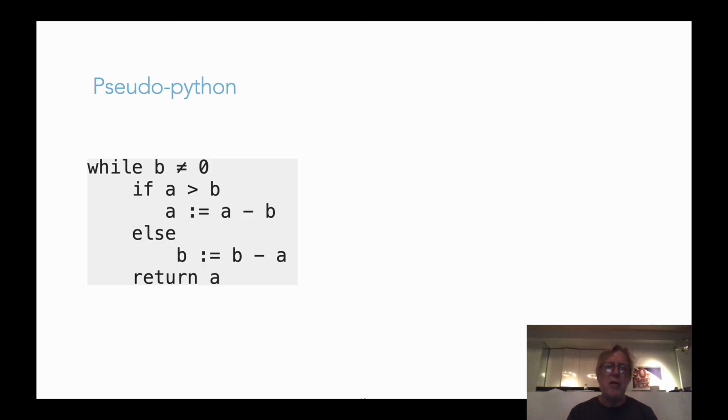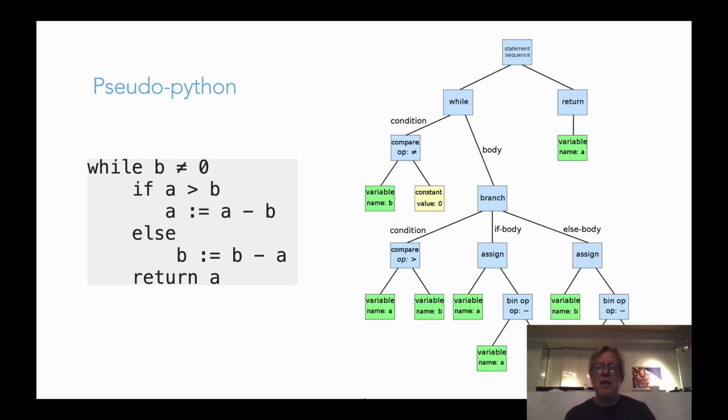So let me give you an example of an AST in a different language. It's not Python, but pseudo-Python. There's a little bit of code, and there's the corresponding AST. It's a tree, okay? And if you look at the nodes, you see that certain nodes like while, branch and assign correspond to certain linguistic categories in that pseudo-language.